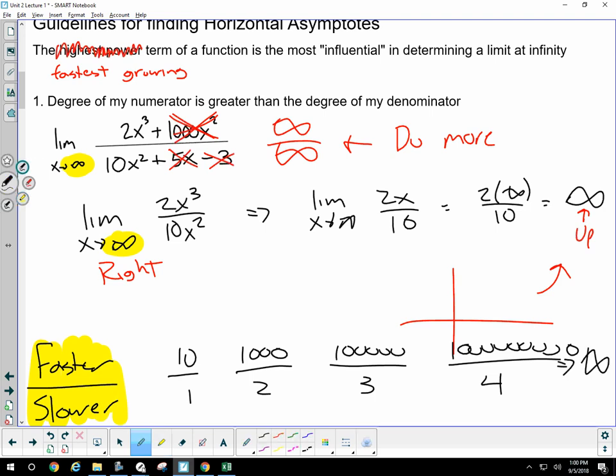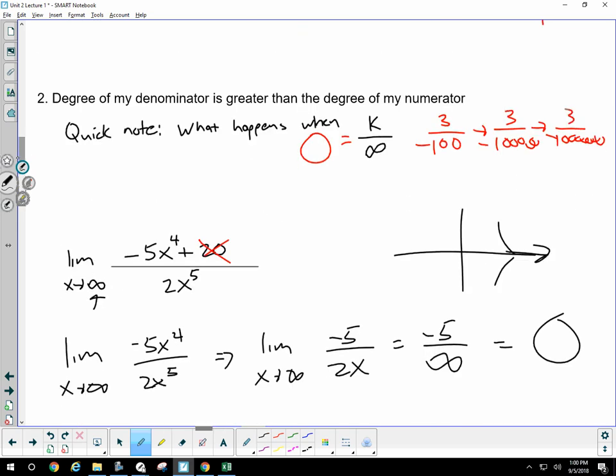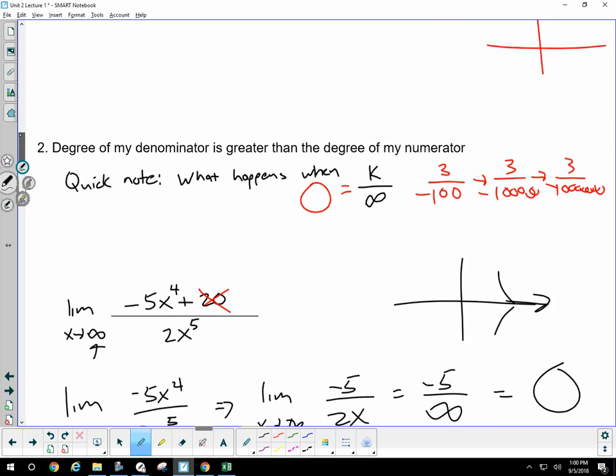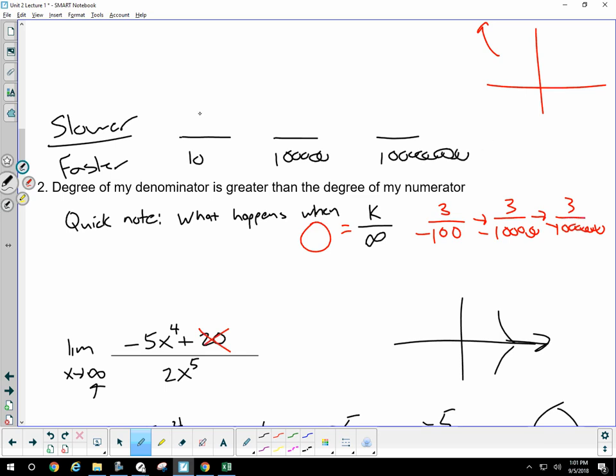Not necessarily like infinity over a number. If it's just faster over slower, we're getting bigger. If we have something that is slower growing in the numerator over something that is faster, let's think about situations like this where the faster growth is in the denominator and the slower growth is in the numerator.